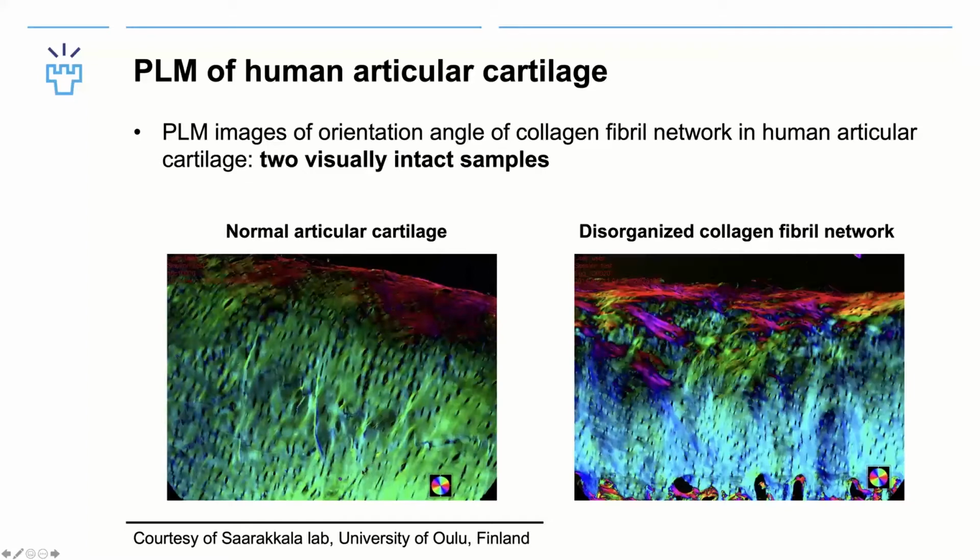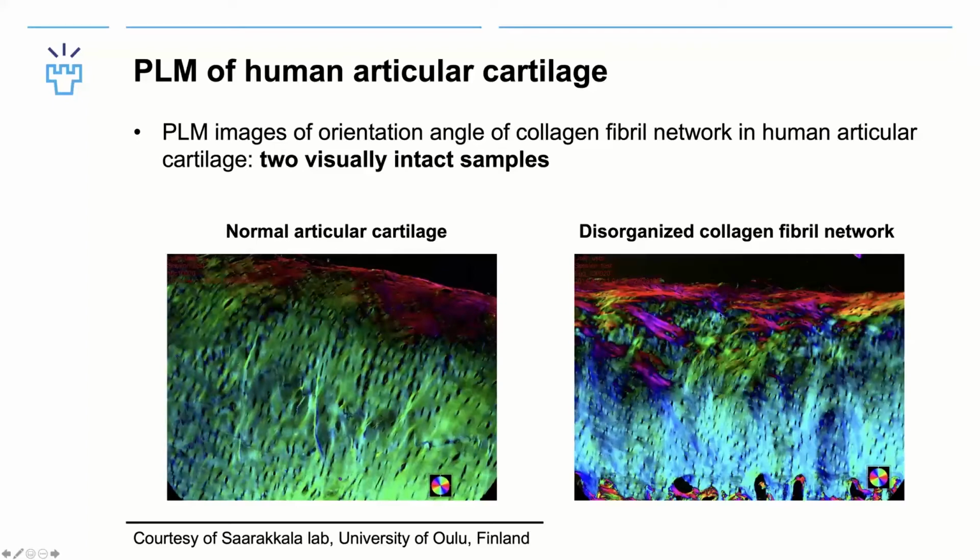And here we see some green color in the deeper tissues. Green orientation can be read from this circle, so it goes like this. So this sample shows the unique Benninghoff organization of the collagen network, which is typical for normal healthy articular cartilage. But as you can see, the situation is completely different on the right side, in the right sample.